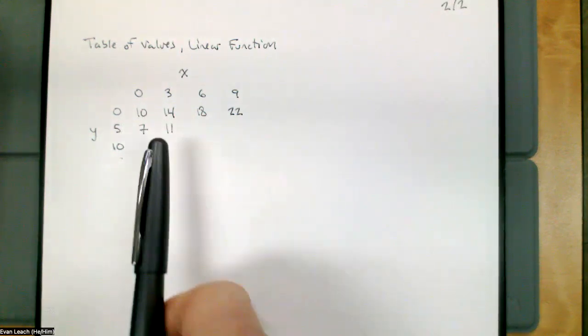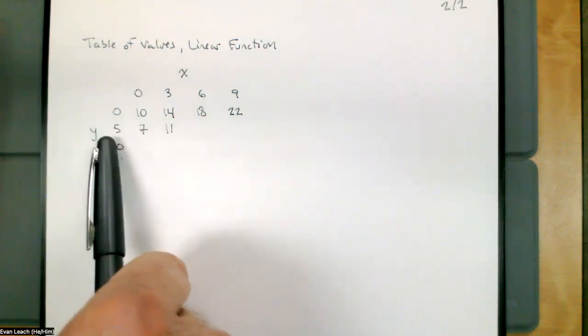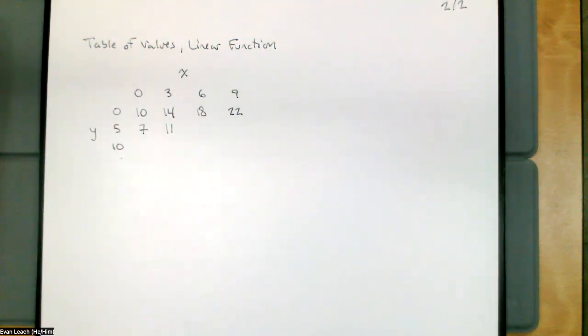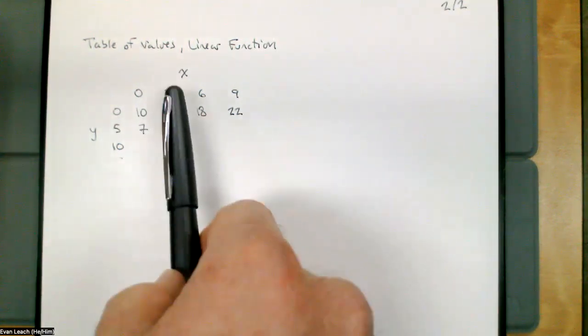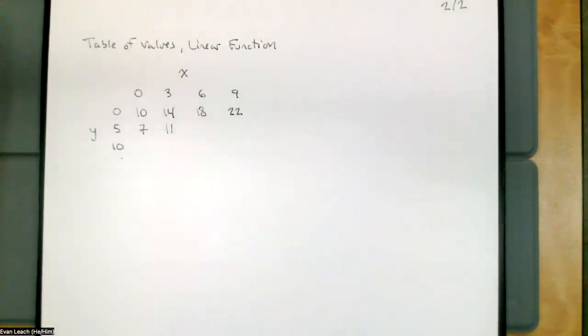Going from y equals 0, z is 10, to y equals 5, z is 7, z decreased by 3 when y increased by 5. So here, when x is 3, y also increased by 5, and so z has decreased by 3.